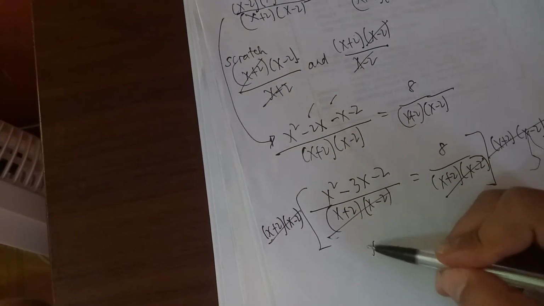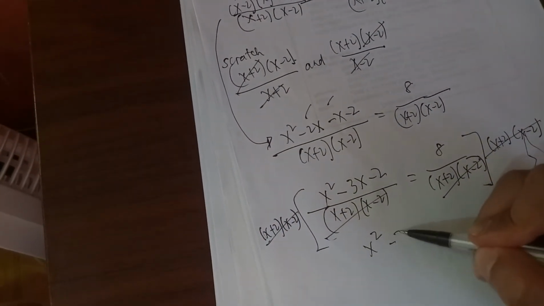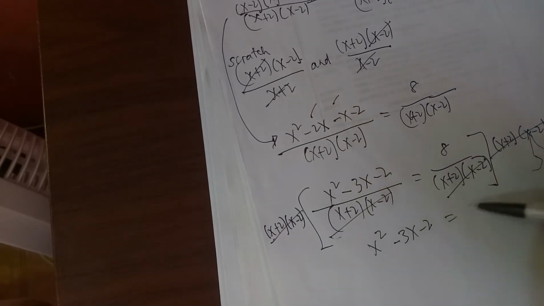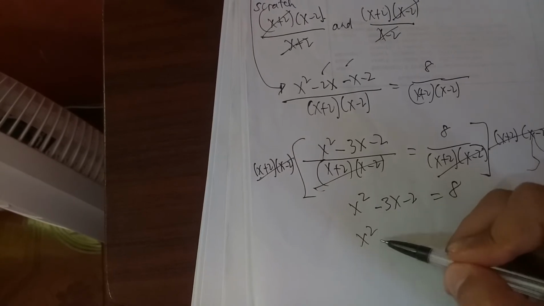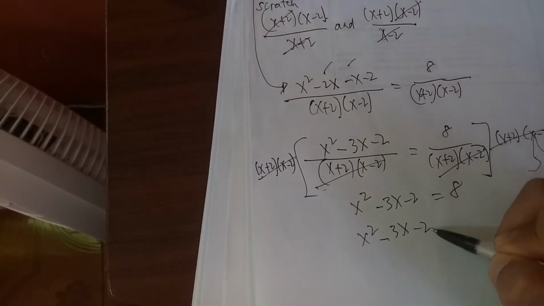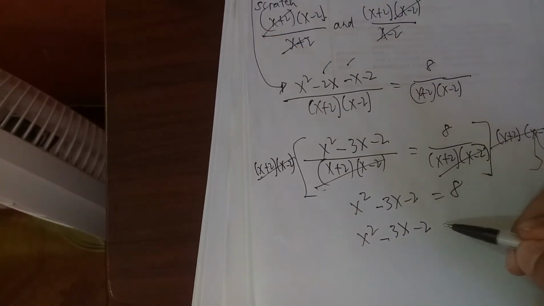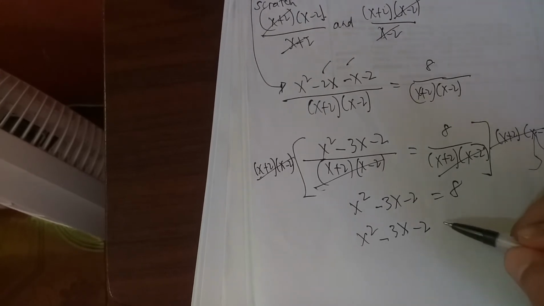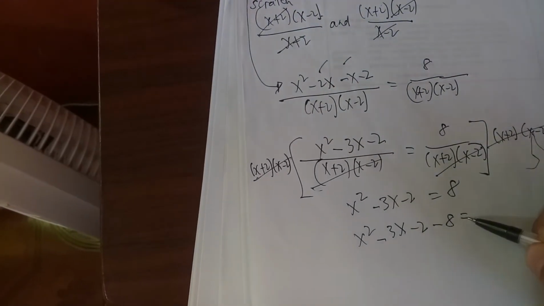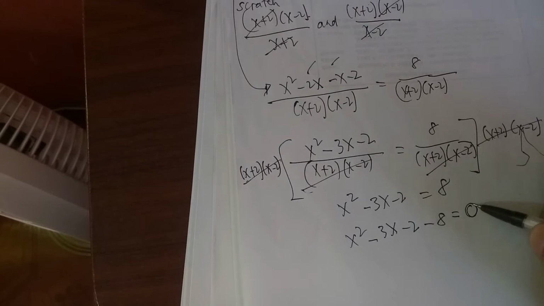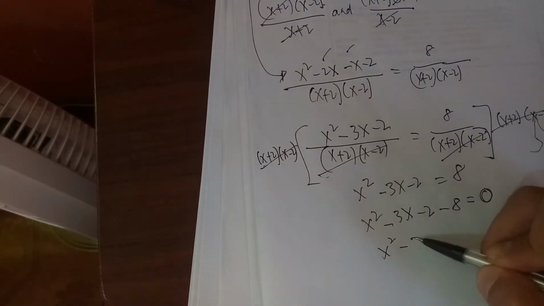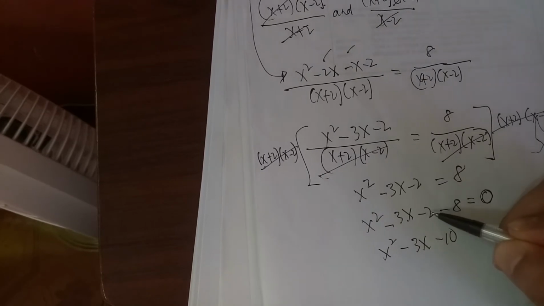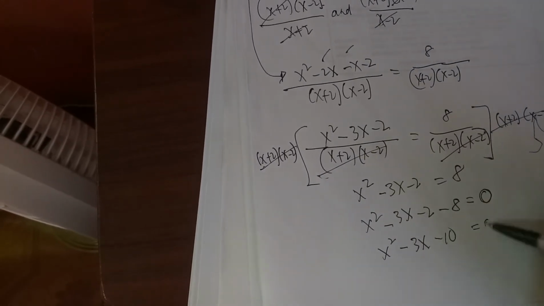So the remaining terms will be x squared minus 3x minus 2 is equal to 8. And then simplify. So x squared minus 3x minus 2, positive 8, moving to the left side will become negative 8, and there are no remaining terms on the right side. So simplify: x squared minus 3x minus 10. Negative 2 and negative 8 is negative 10, isn't it?